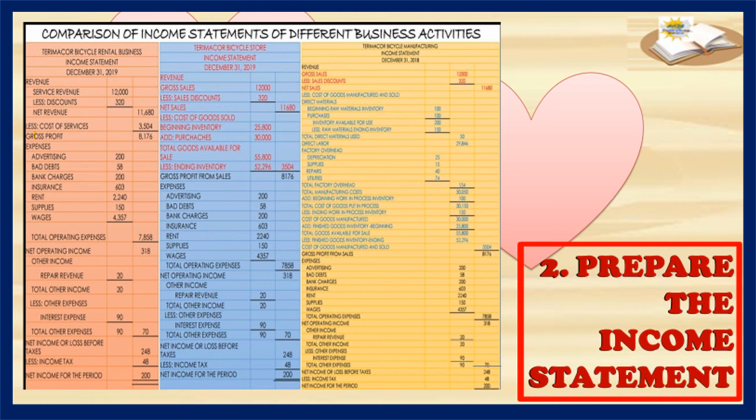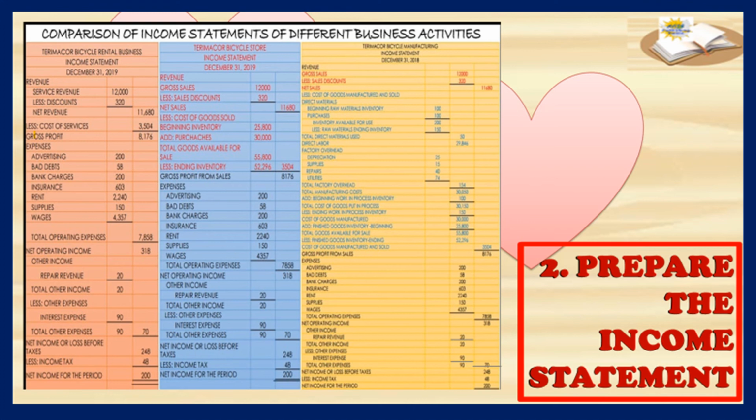When you manufacture, you have three items to include: the direct materials, direct labor, and factory overhead. Unlike the merchandising business, you only have to compute for the cost of sales, meaning how much is the cost of purchasing the goods to be sold. But in manufacturing, you have to compute how much is the cost to manufacture what has been sold. So manufacturing has so many costs involved.